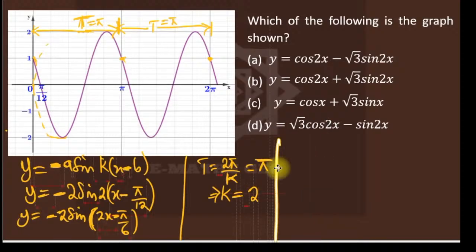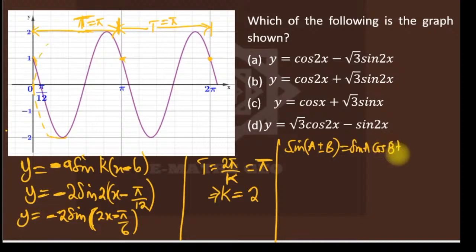So there is one formula, the addition formula, that says that sine of A plus or minus B is always sine A cos B, and since I have minus, we'll use minus cos A sine B. So that's the formula we're going to use.